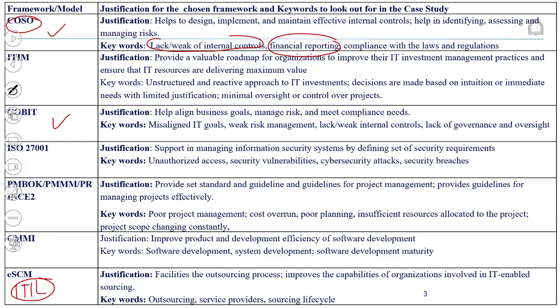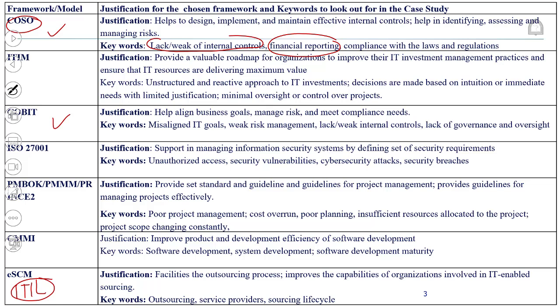In terms of what to look for in COSO: weak internal controls, financial reporting, compliance with laws and regulations. If you see such a thing in a case study and you're asked to identify or suggest a framework, then COSO could be one of the ones you suggest.